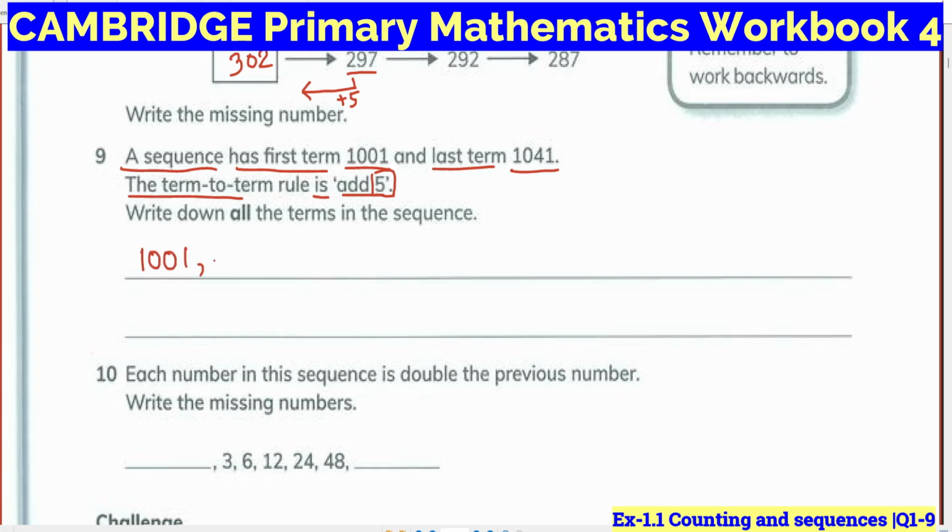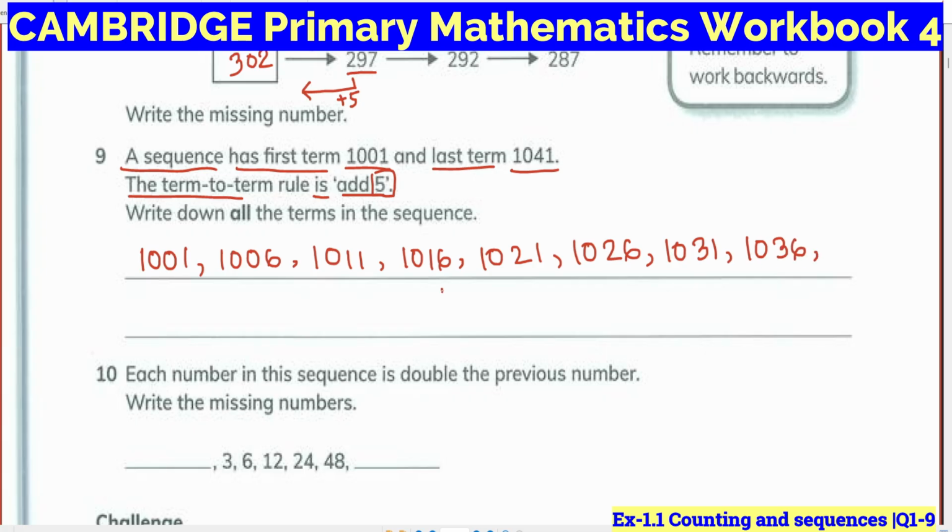Next, once we add 5, 1006, then 1011, then 1016, 1021, 1026. Be careful to add. 1031, then 1036, and finally 1041. Very simple.